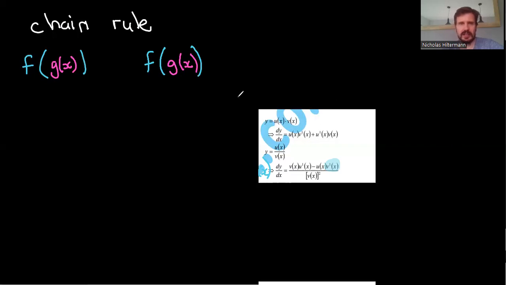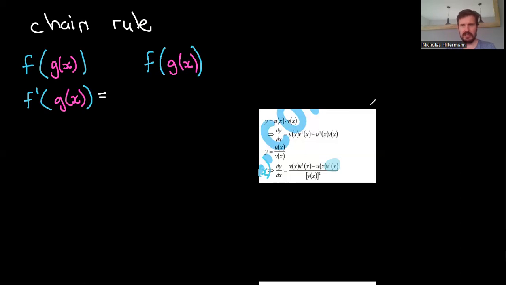I'm going to call it the inside-outside rule, so I'm going to write the rule like this. If you have f of g of x, then the derivative of this whole thing is equal to f dash of g of x.